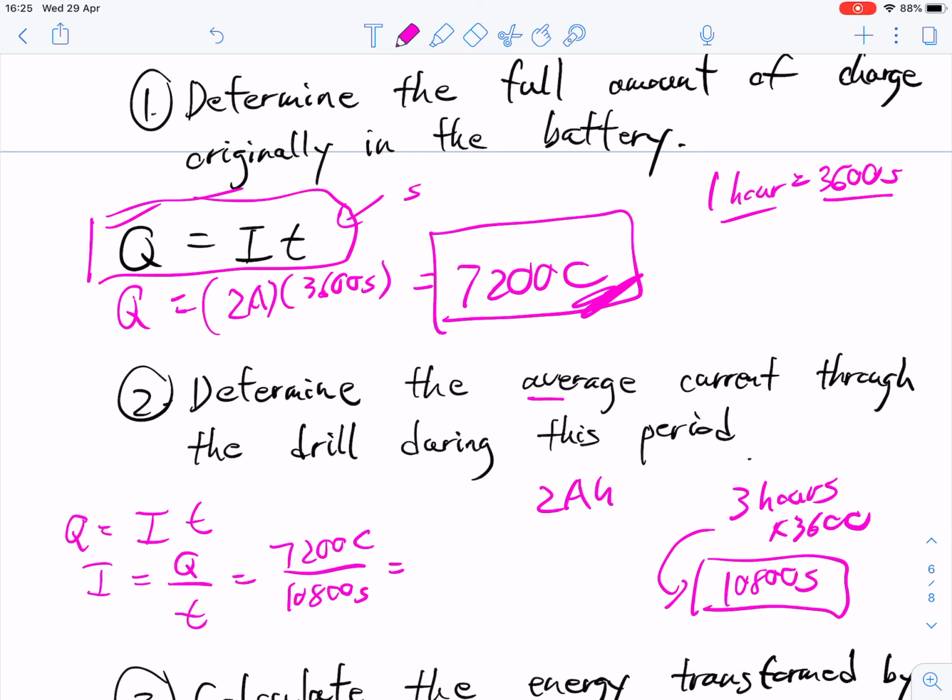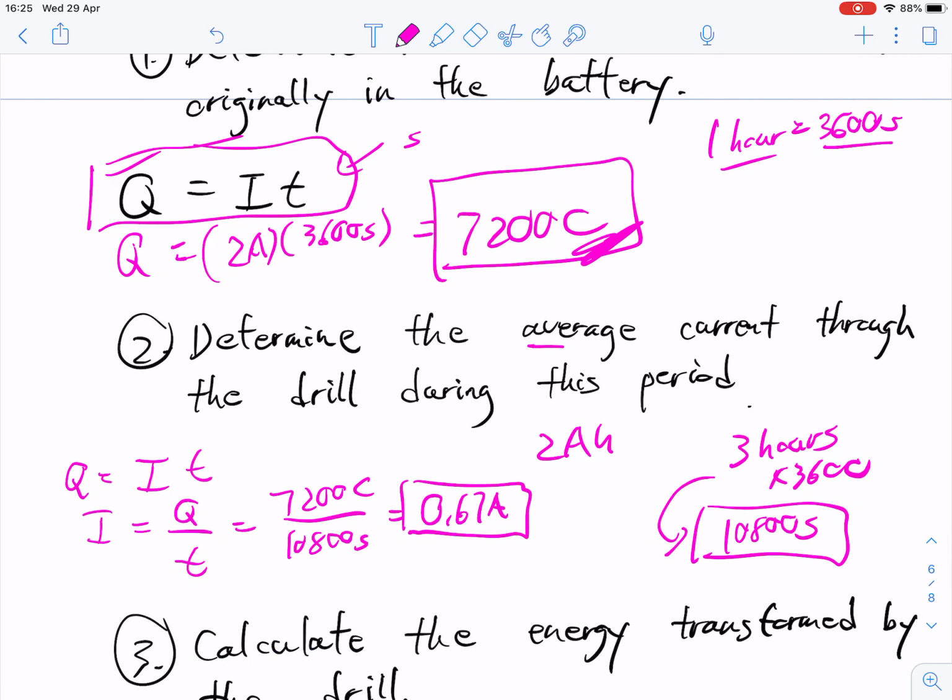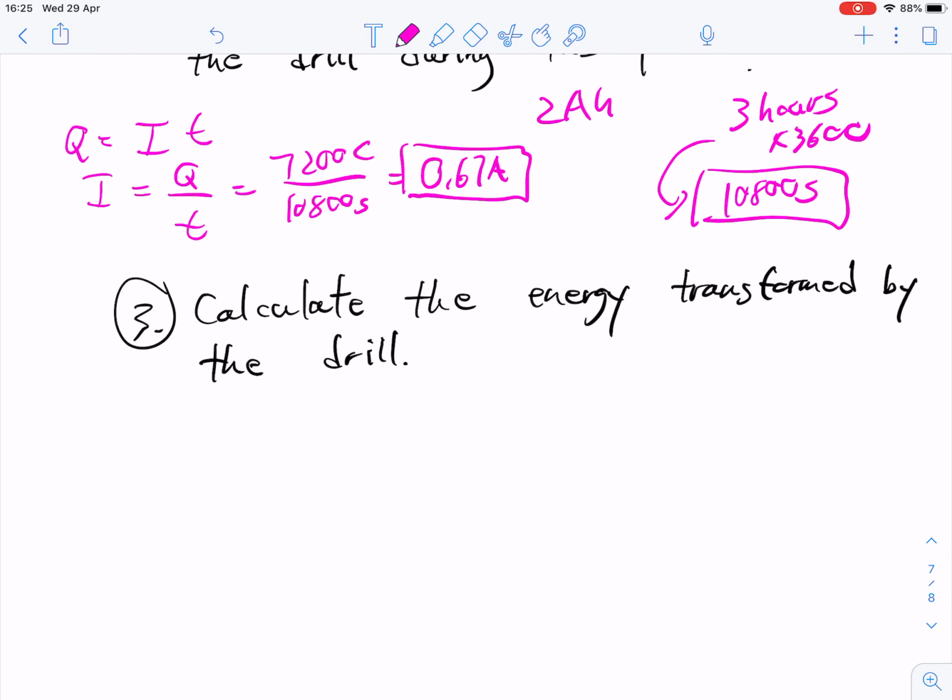And 7,200 divided by 10,800 is 0.67 amps. So this is the average current flowing over the 3 hours. We're taking the 7,200 coulombs and extending that over 3 hours worth of time, which is 10,800 seconds.